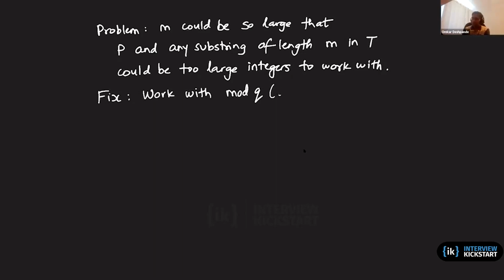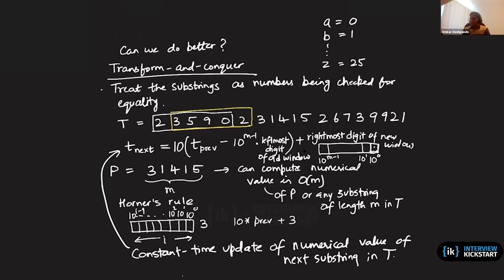So q would be a large prime. It should be large, but remember what we are doing here is multiplying this value with 10 or 26. Whenever we do this multiplication, that itself should be doable on the machine.